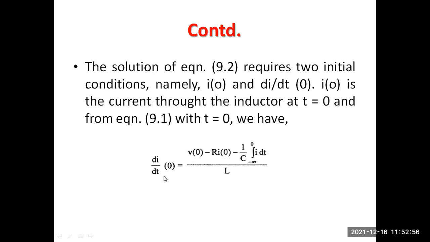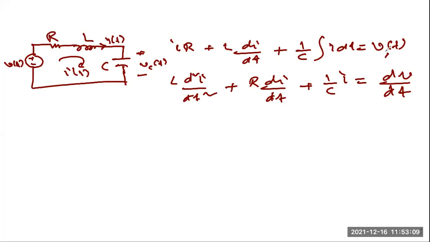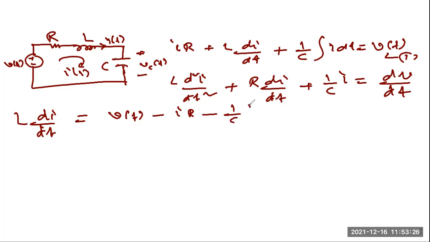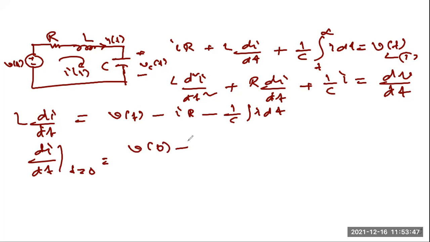Taking the first equation, L di/dt equals v(t) minus i R minus 1/C integration of i dt, with limit from minus infinity to t. Putting t equal to 0, di/dt at 0 equals V0 minus I0 R minus 1/C integration of i dt, divided by L.